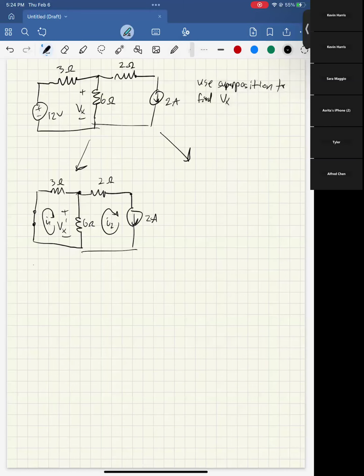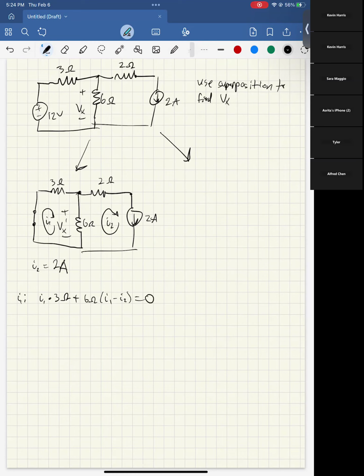So I'll start by writing I2 equals 2 amps, because we have that given right here. The other equation would be for I1: I1 times 3 ohms plus 6 ohms times (I1 minus I2) equals 0.